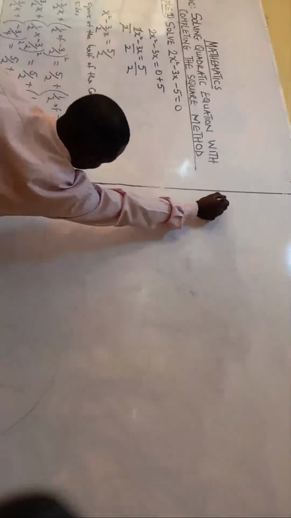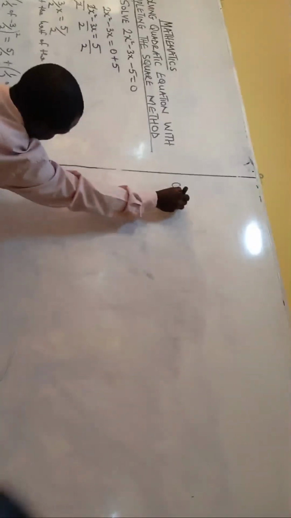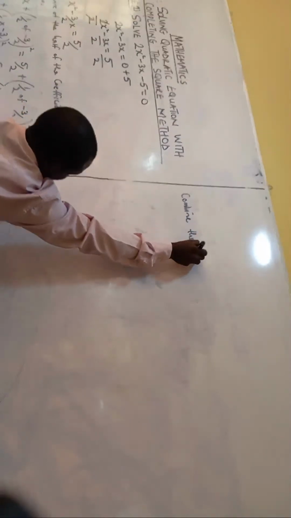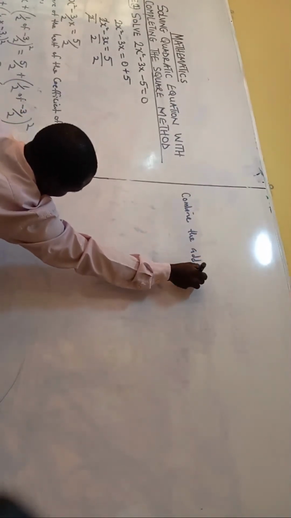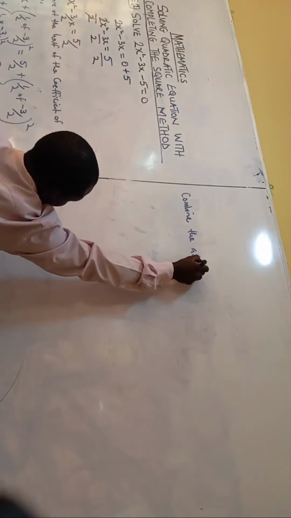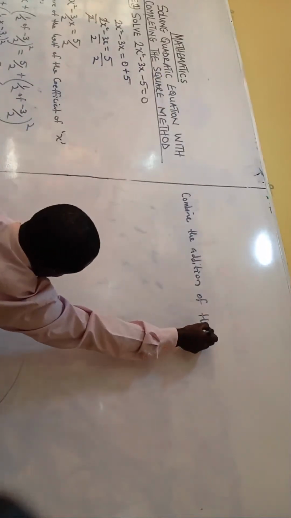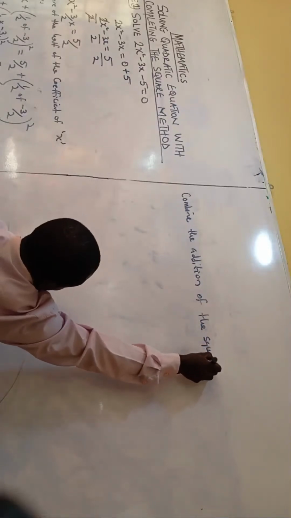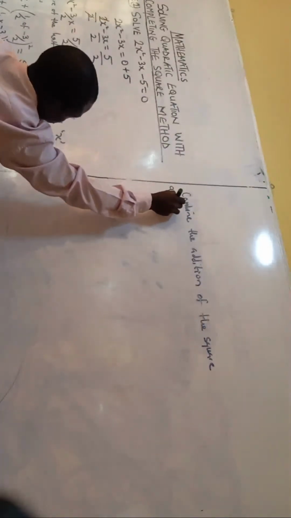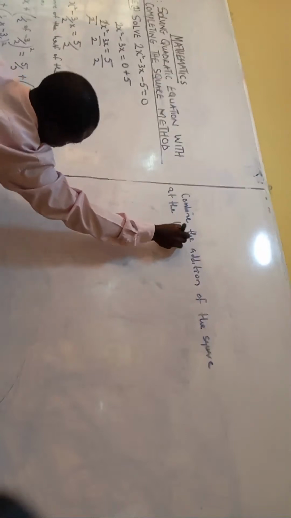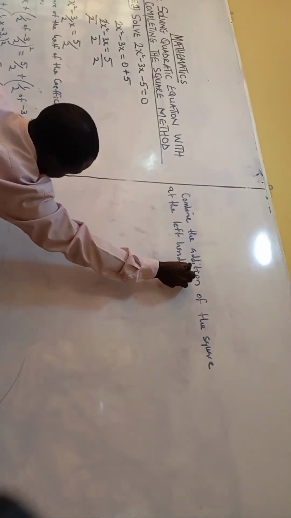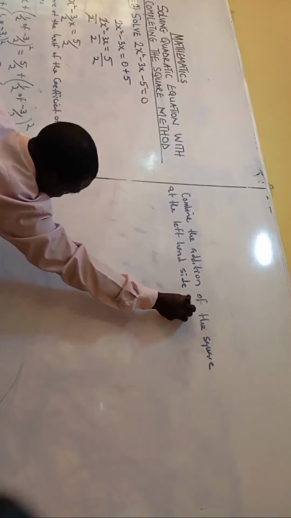Good. Now in answer, combine the addition of the square at the left hand side together.